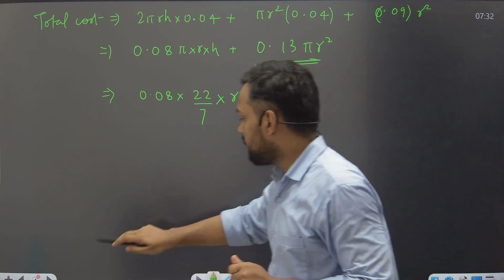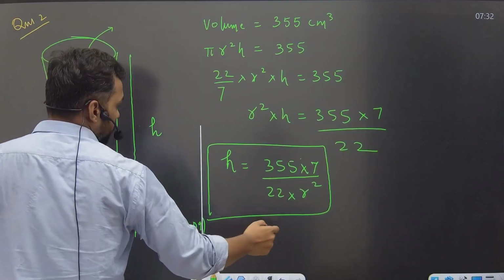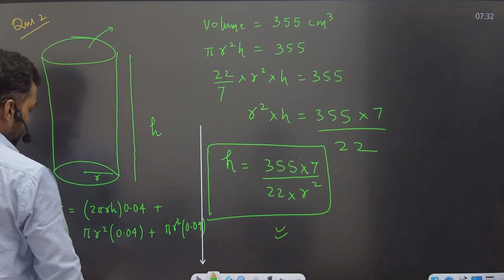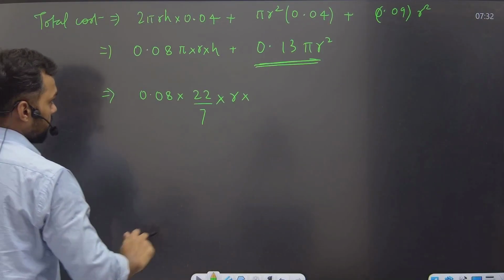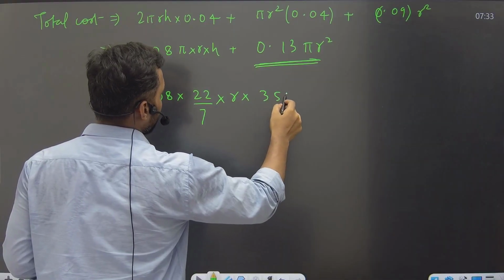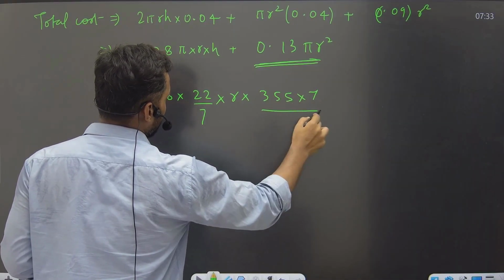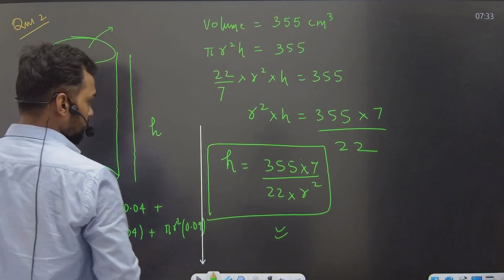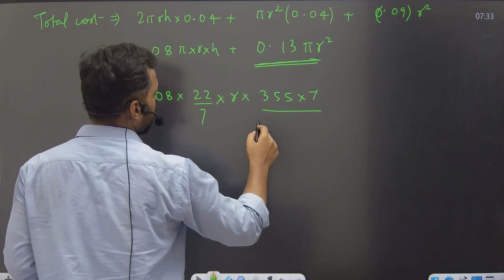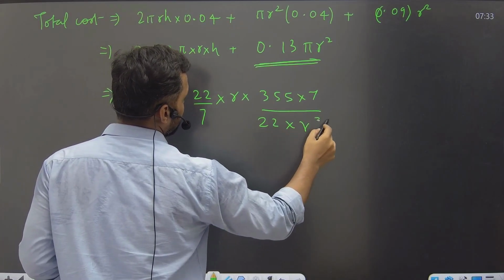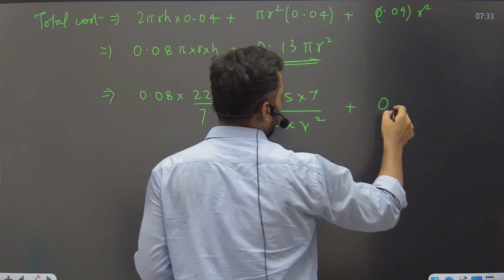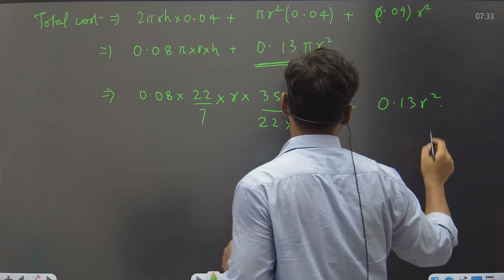But h, the value of which we have got from here, we'll substitute: 355 cross 7 upon 22 cross r square, plus 0.13 r square.